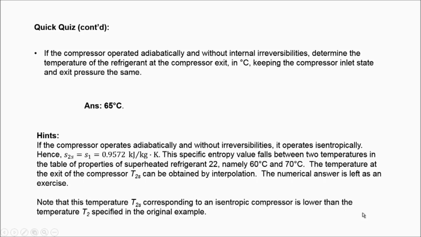We learned how to compute the rates of entropy production across the various components and determine the sources of irreversibilities in those respective components. This concludes the step-by-step solution of the example entitled Determining Entropy Production in Heat Pump Components.